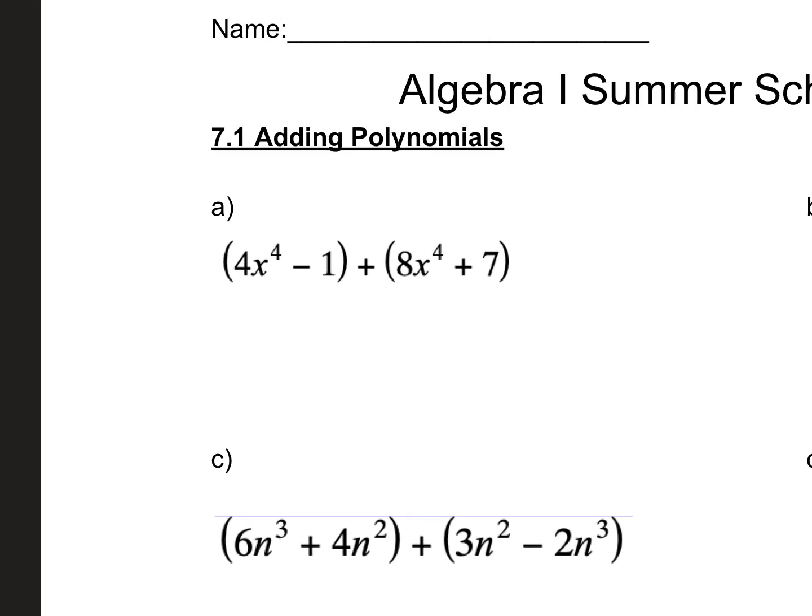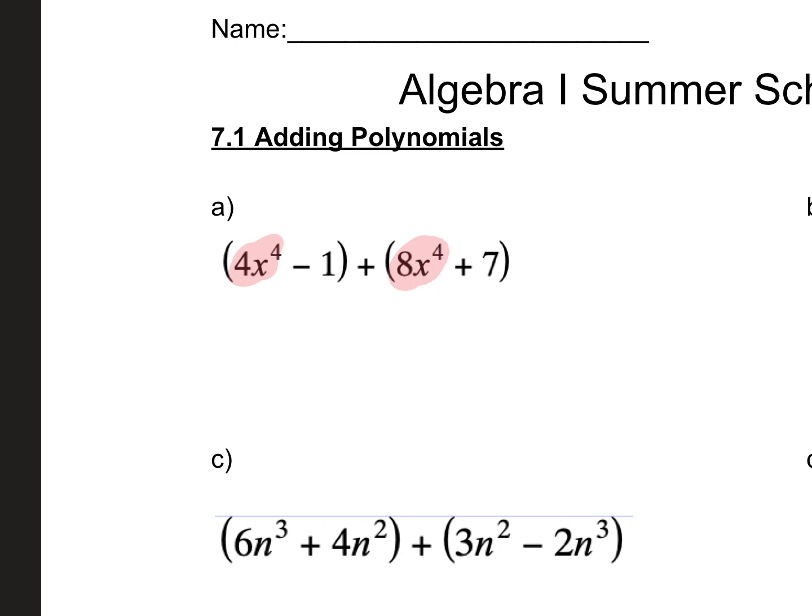So remember, like terms are terms that are either whole numbers, so all whole numbers are like terms with each other, or all real numbers, and any term with the same variable and the same exponent. So for example, I have 4x to the fourth, and I also have 8x to the fourth.